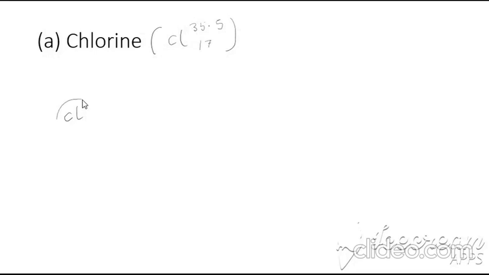According to the octet rule, the first shell should have how many electrons? 2 electrons. Then the second shell should have how many electrons? 8 electrons. So from 17 I've already subtracted 2, I'm remaining with 15. So the second shell should have 8 electrons.